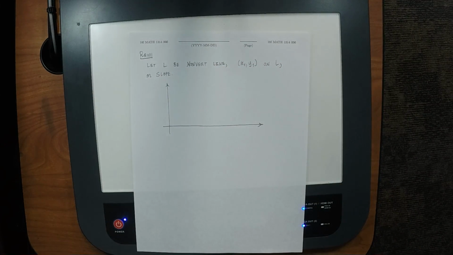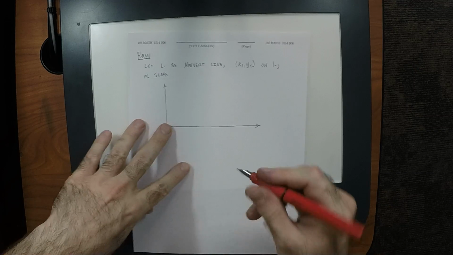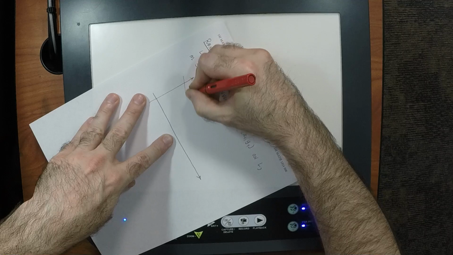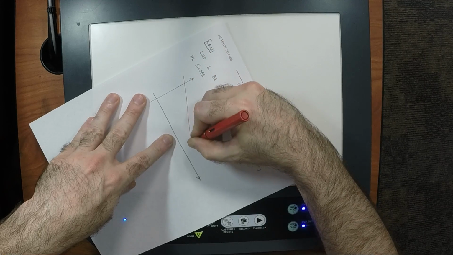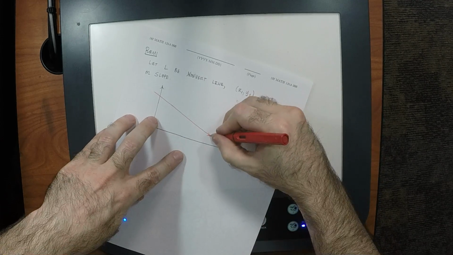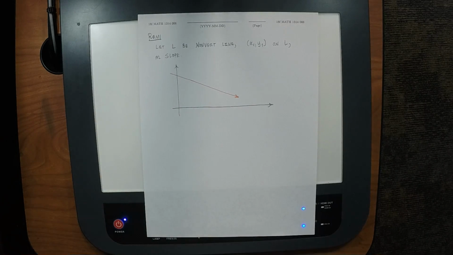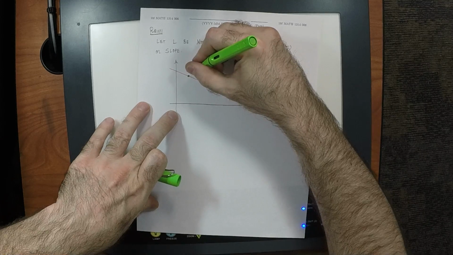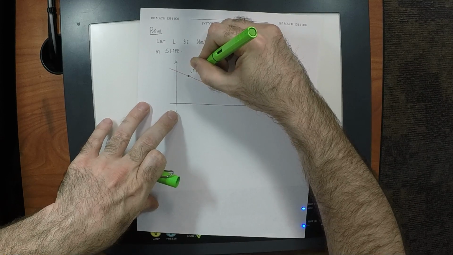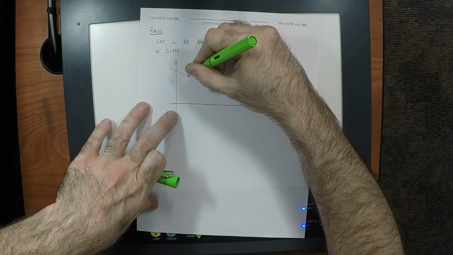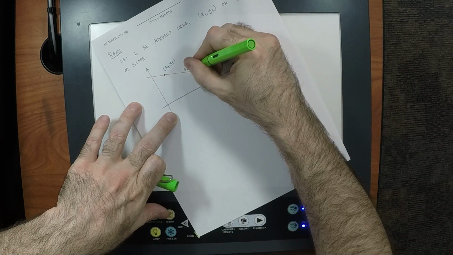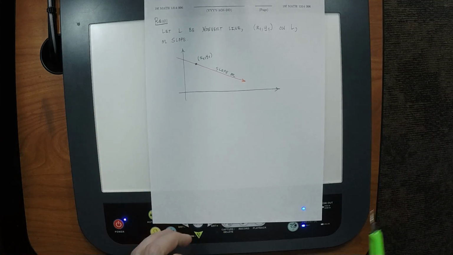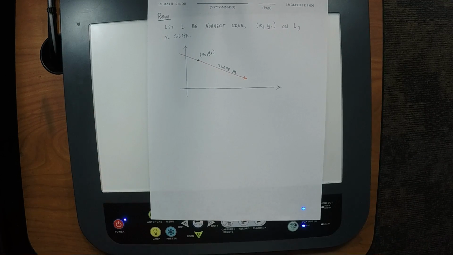So what we're saying is that we've got some non-vertical line, like this one, and x1, y1 is on the line, and it has slope m. All right, so that's the information that we have.